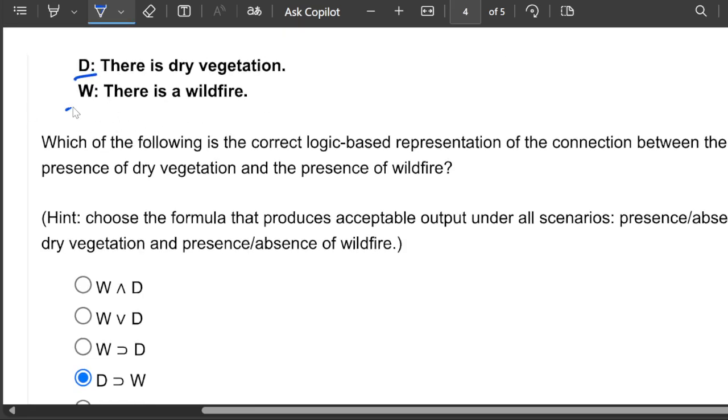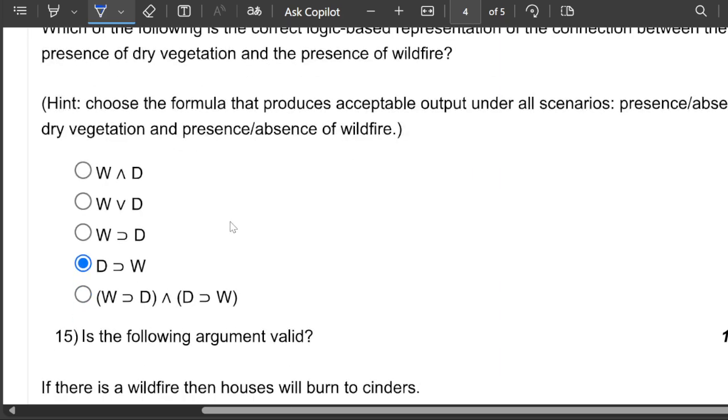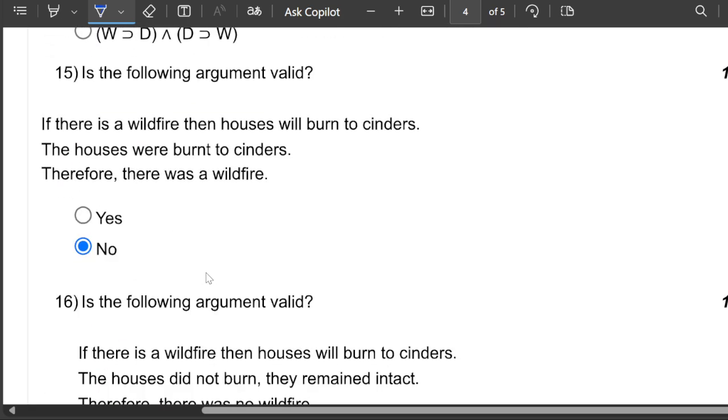Now, V denotes there is dry vegetation. D denotes there is a wildfire. From this we can imply this: if there is a wildfire, then houses will burn to cinders. The houses were burned to cinders. Therefore, there was a wildfire.